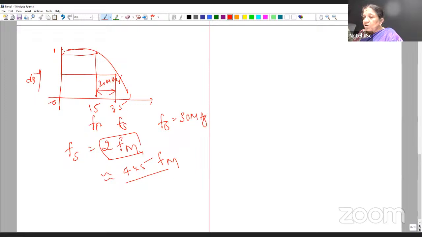This will be your input. I think you may not be able to work in megahertz in MATLAB, so you can scale it down properly. Your passband frequency is this and the stop band frequency is this, what you can give.